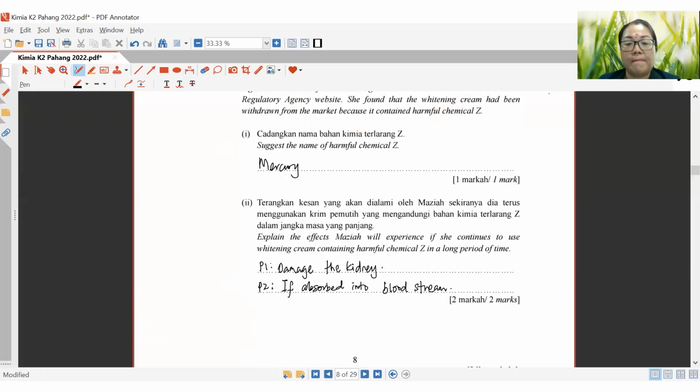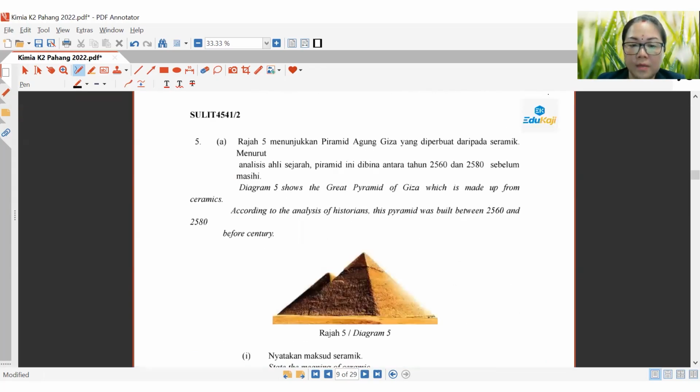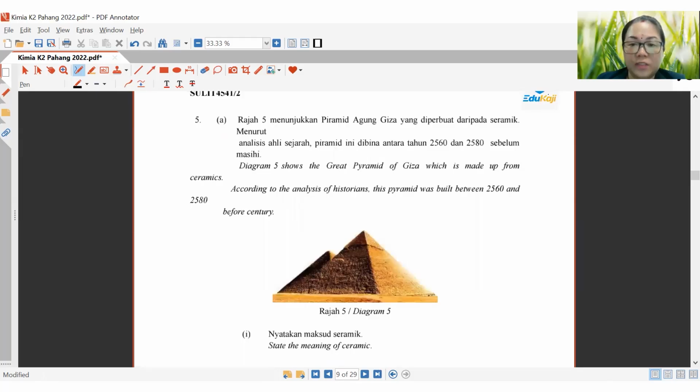Anyways, this question is quite a generalized point, so it doesn't limit down to just the kidney alone. You can also put in a series of things which mercury affects. How does mercury actually affect our body system? Okay, that's for question 4.